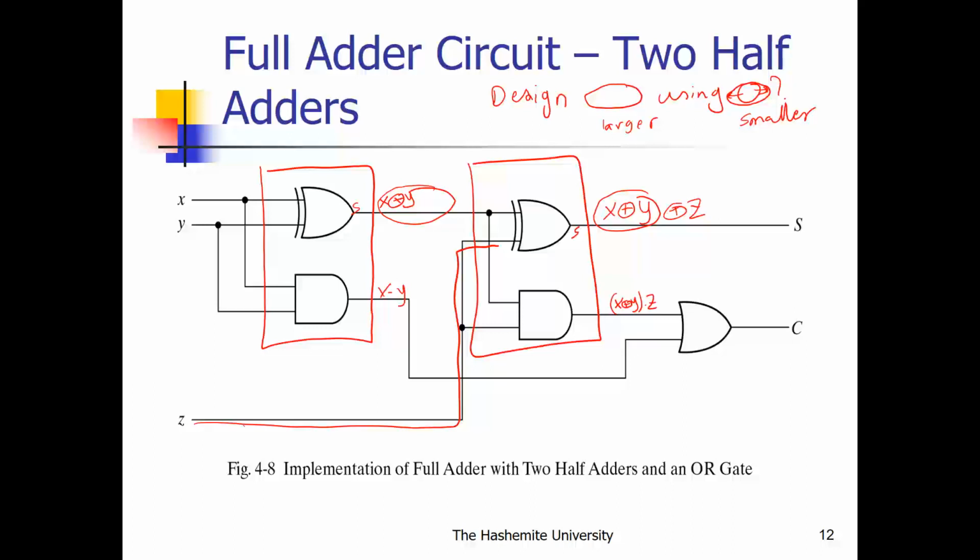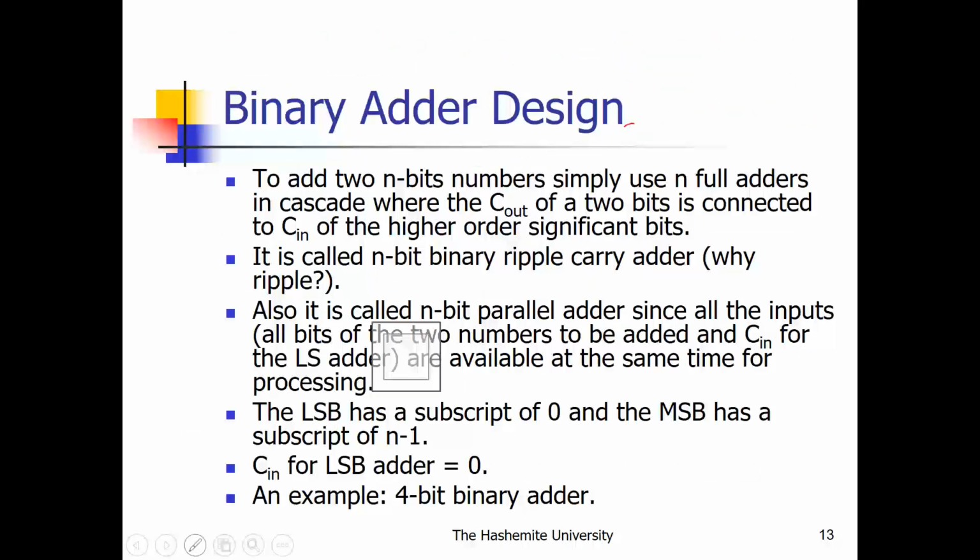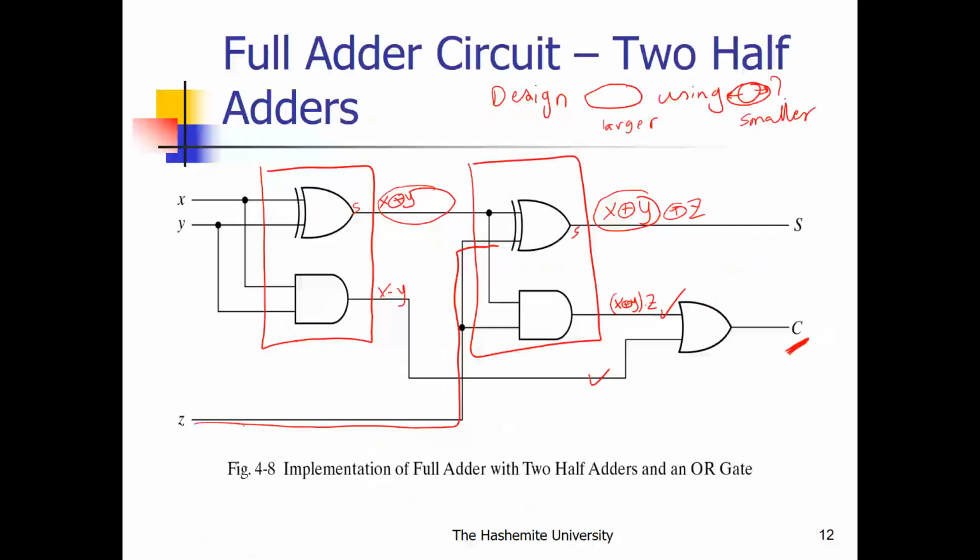And it turns out that you can generate the carry of the entire circuit, which is a full adder, by just ORing the first carry and the second, fresh carry that we generated from the second half adder.